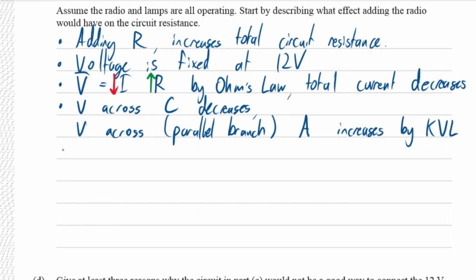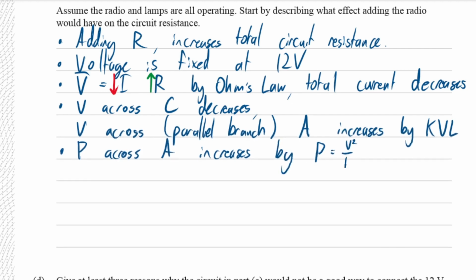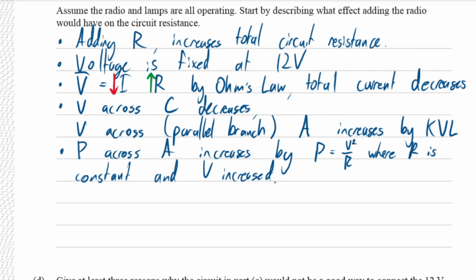Okay, now finally we can then describe how that relates to power. So P across A increases, and the reason is P equals V squared over R, where R is constant and voltage increased, as in the above bullet point.